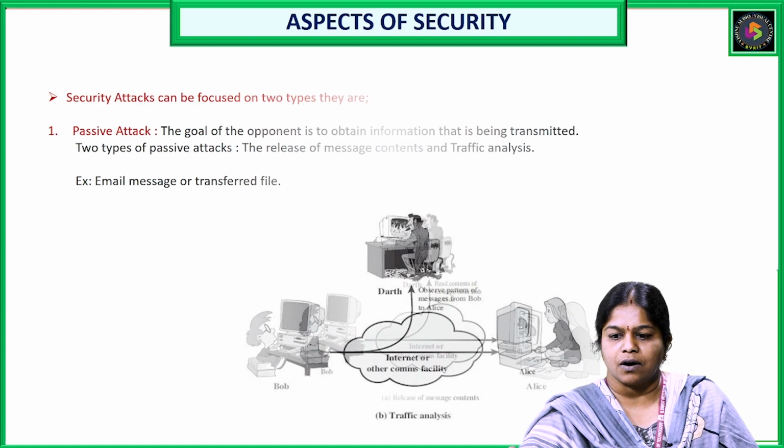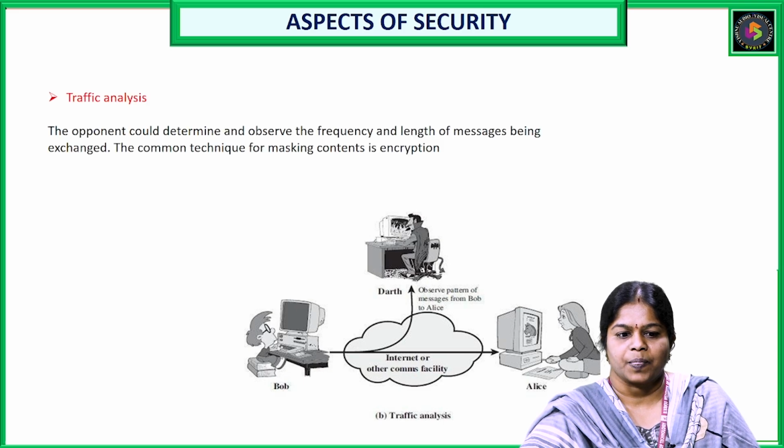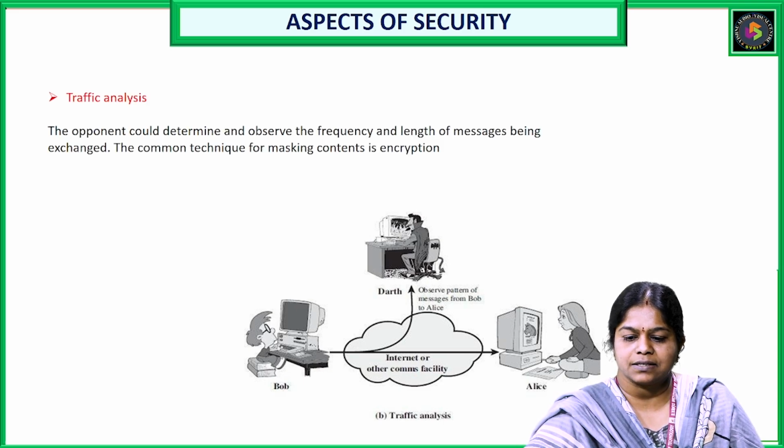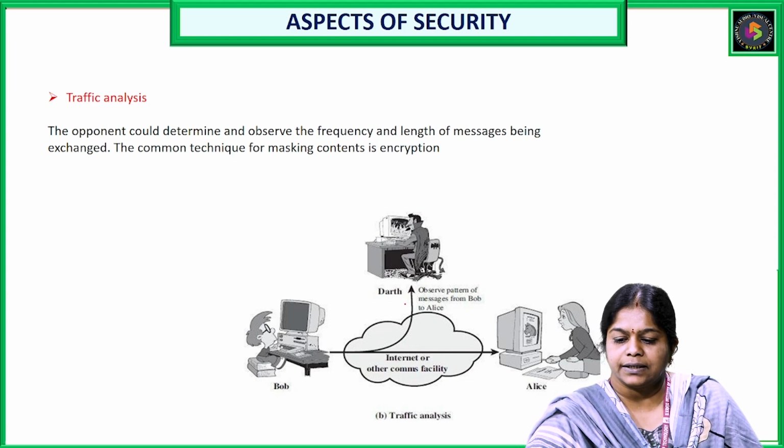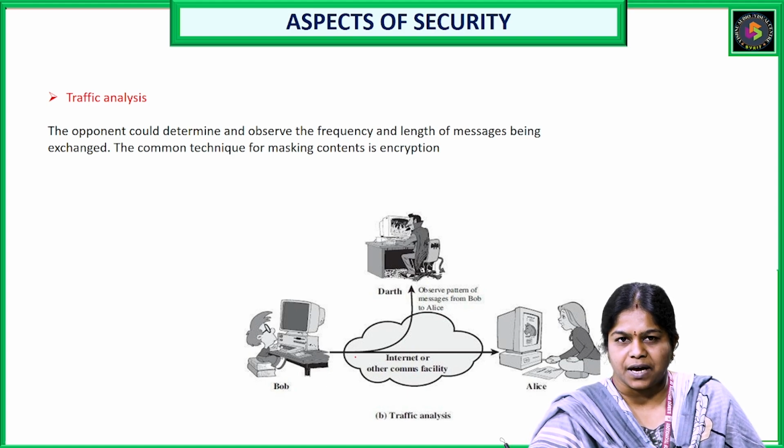And the next one is traffic analysis. Here in traffic analysis, the same as in the release of message, Darth is taking the message from Bob which has been transmitted to Alice.